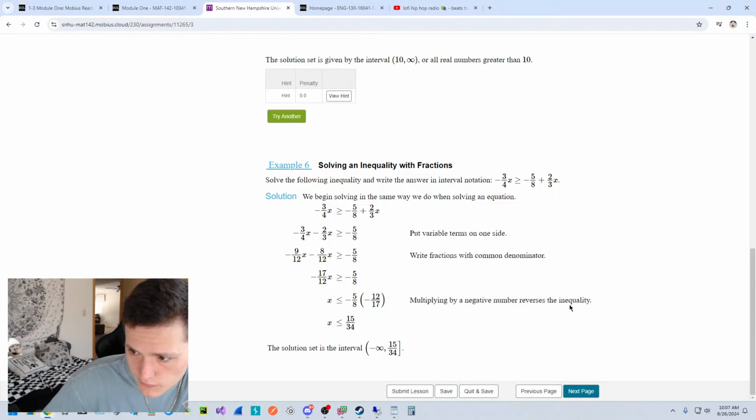And when it says reverse the inequality, that's this. You're just reversing. This is what's getting reversed. But then, how does this become that?